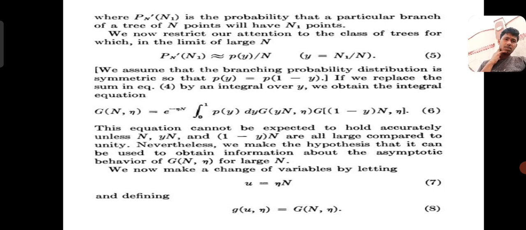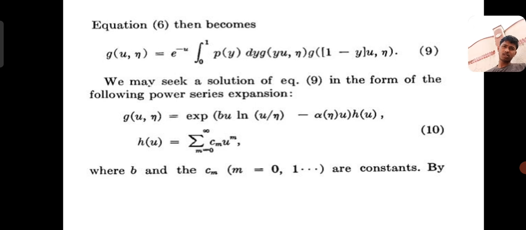This equation cannot be expected to hold accurately unless yn and (1 minus y)n are both large compared to the integral number. Let us make the hypothesis that this can be used to obtain information about the behavior by a change of variable, as shown in equation 6 on the screen.